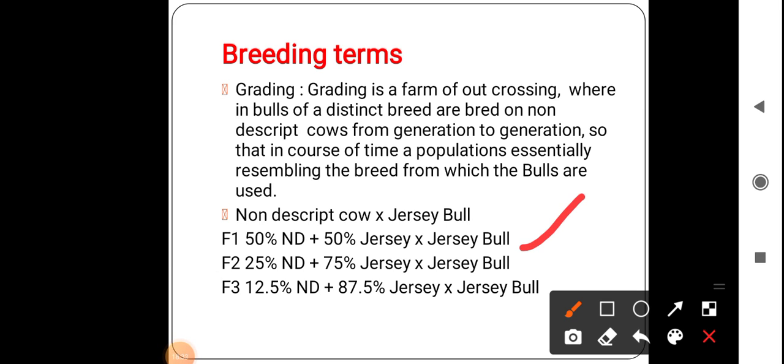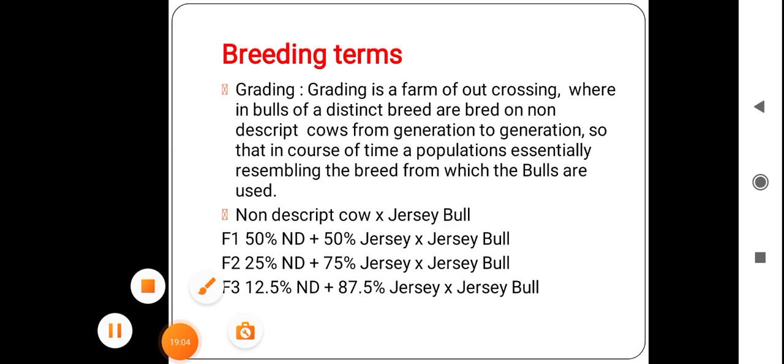Thus, the offspring which will come will possess 25% characters of nondescript cow and 75% of character of Jersey. It is again mated with a Jersey bull. Then the third generation has 12.5% nondescript cow, 87.5% Jersey bull, and it is again mated with a Jersey bull.